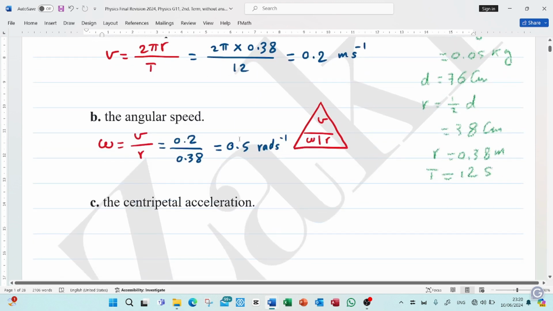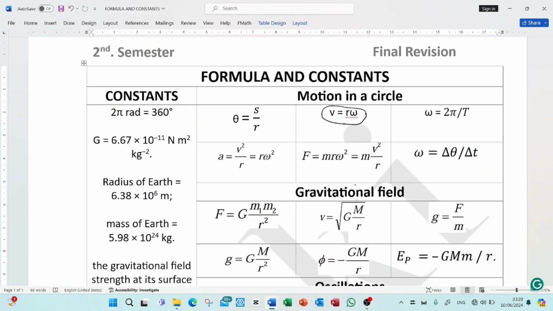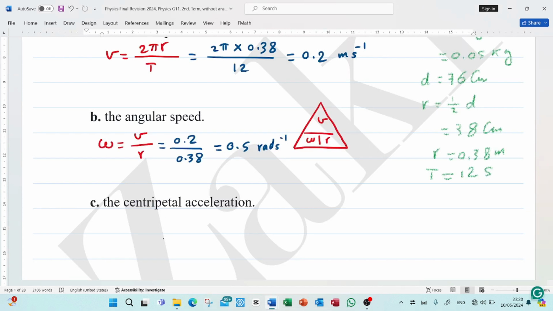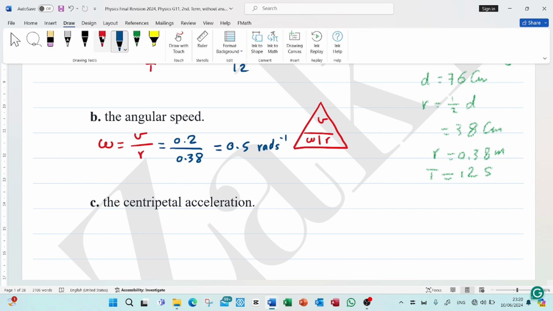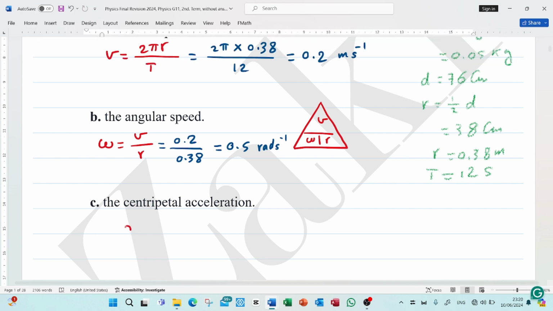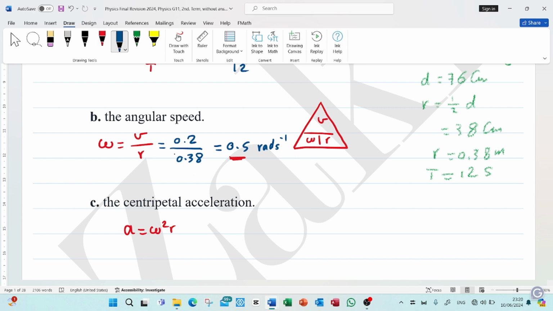Part C, the centripetal acceleration. Now, the centripetal acceleration, where is the acceleration here? It is V squared over R. So this is the centripetal acceleration. Then, right here, the acceleration equals omega squared R. Because we already got omega, we can use omega rather than V. Both will be correct, but because omega is already in the calculator, we use it.